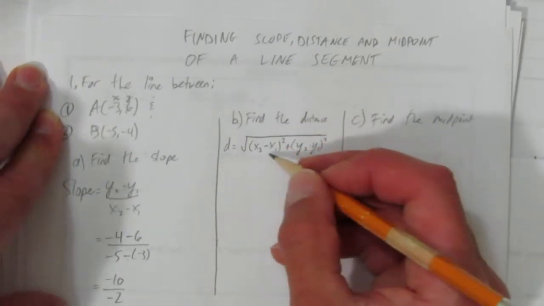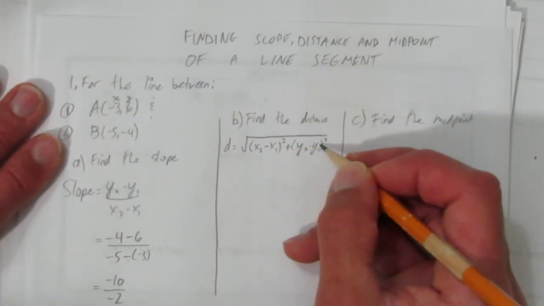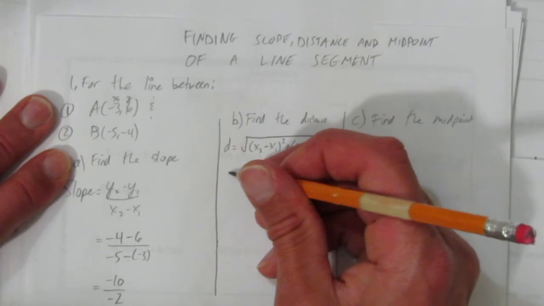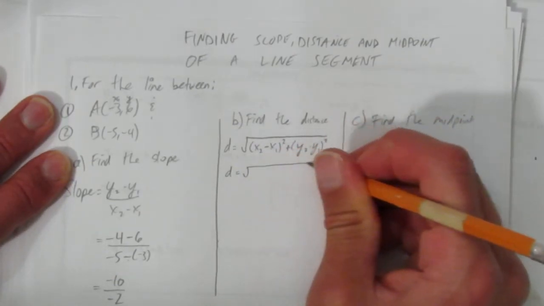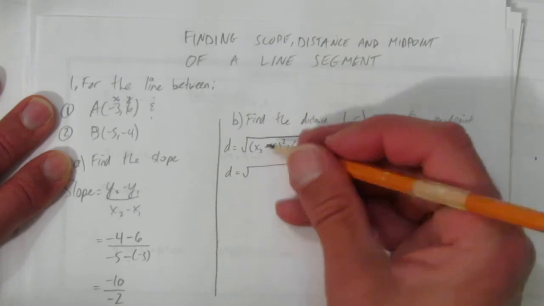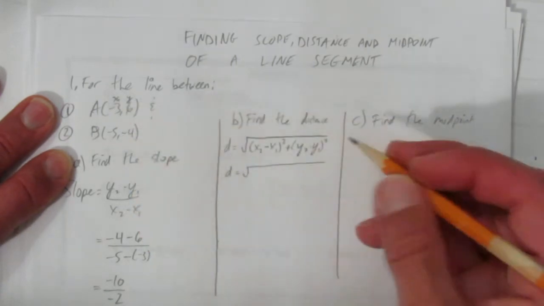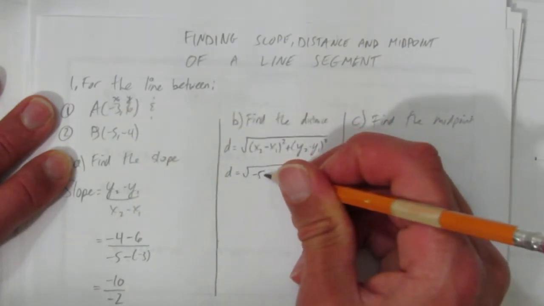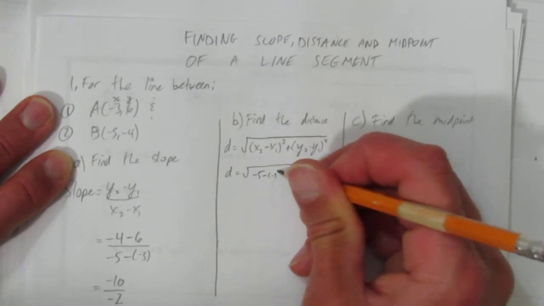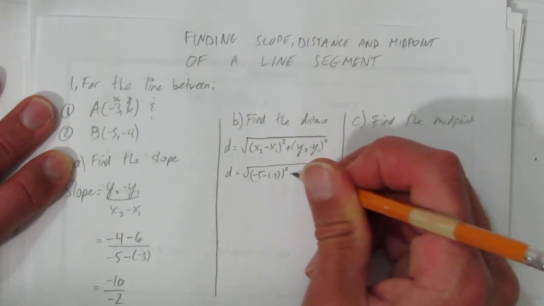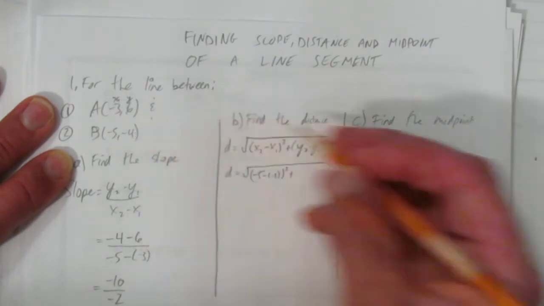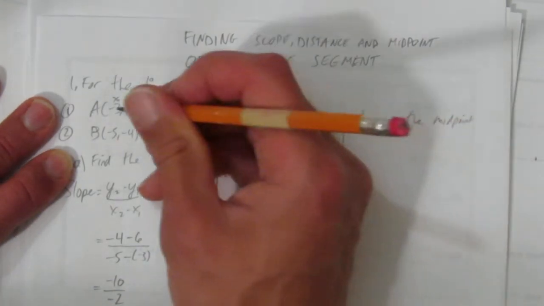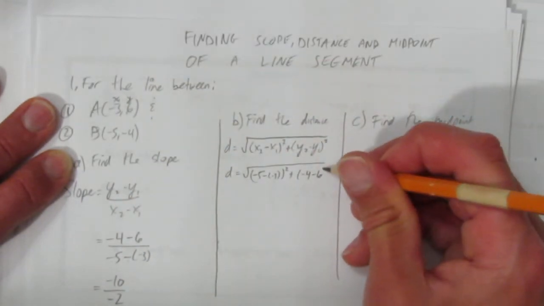You want the distance between the x's squared and the distance between the y's squared, then we square root it. So the distance equals the square root of x2 minus x1, same x2, -5 minus -3, all squared, same as here. And then y2 minus y1, all squared.